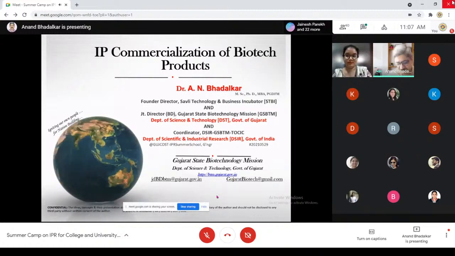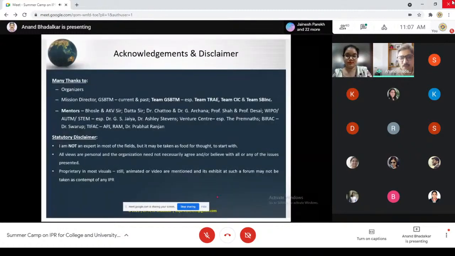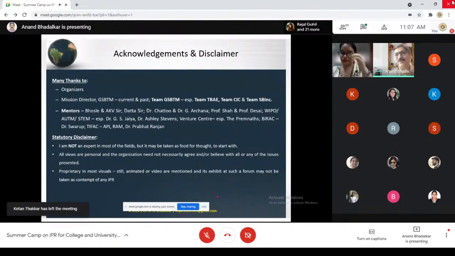First things first, thank you, Dr. Sahu, a very dear friend for many years now. GUJCOST is another home. It was the first place where I landed coming to Gandhinagar. GUJCOST, thank you so much for having me here.